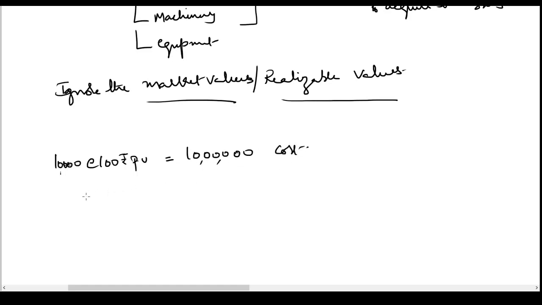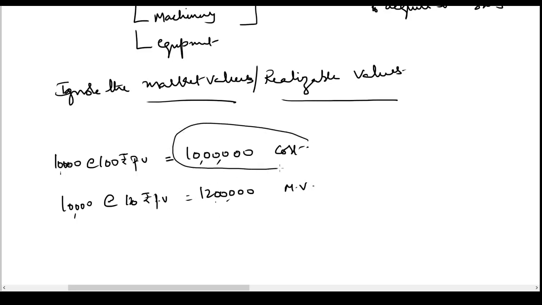Let us suppose in the market, if you want to sell the goods, they can be sold at 120 rupees per unit. That means the value of the goods is 12 lakh. This is the market value. We continue to show in the books the stock at cost, 10 lakh. We ignore the market value of the goods. This is the historical cost concept.